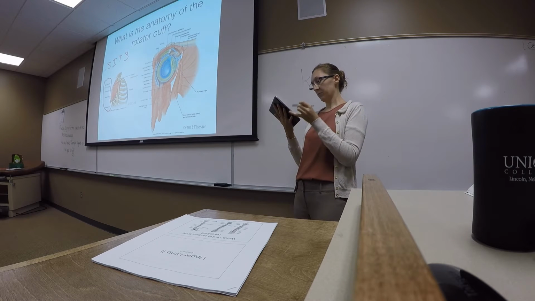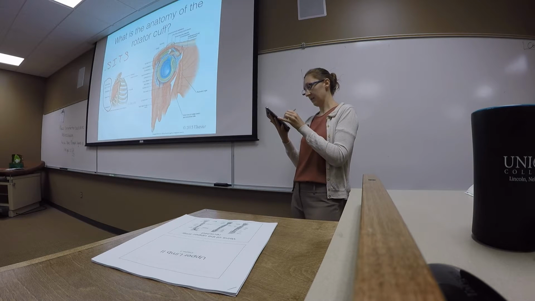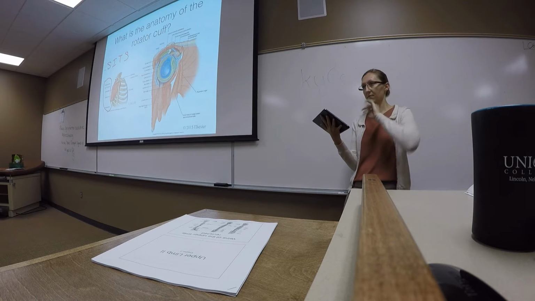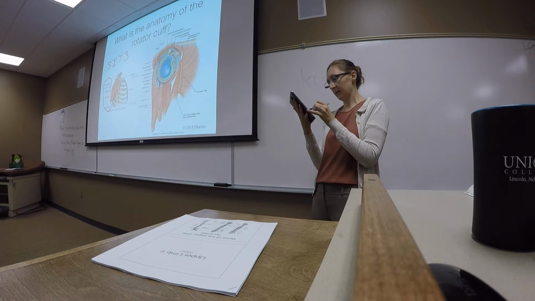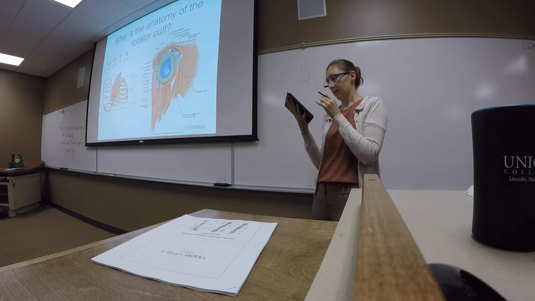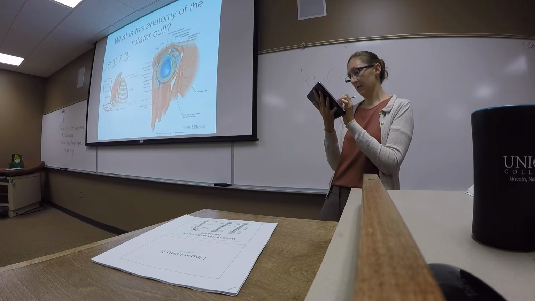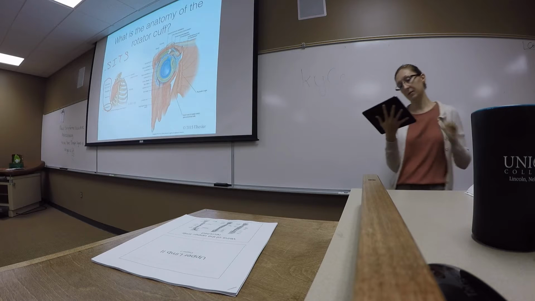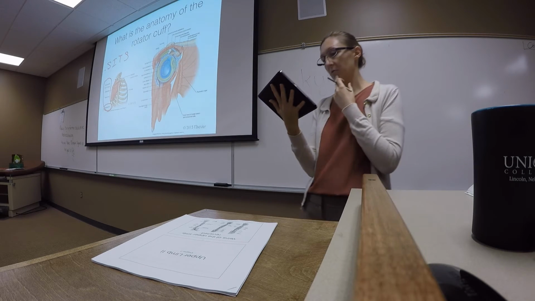The supraspinatus and infraspinatus originate on the posterior surface of the scapula in the fossae with corresponding names. The teres minor originates on the lateral edge of the scapula, and the subscapularis on the subscapular fossa. And then they all insert around the tubercles and the anatomical neck of the humerus.